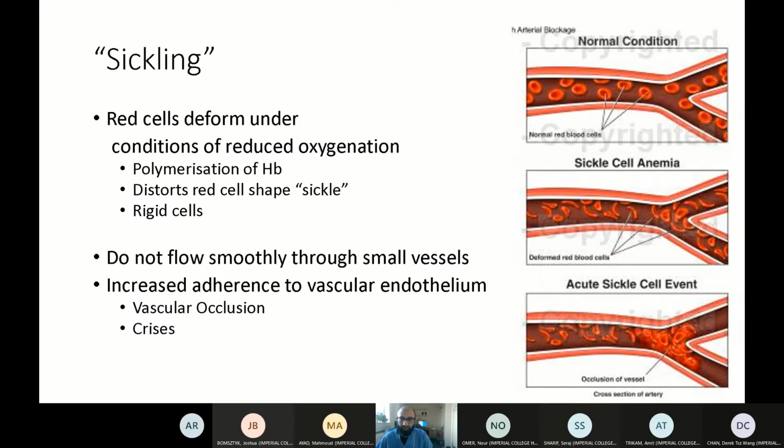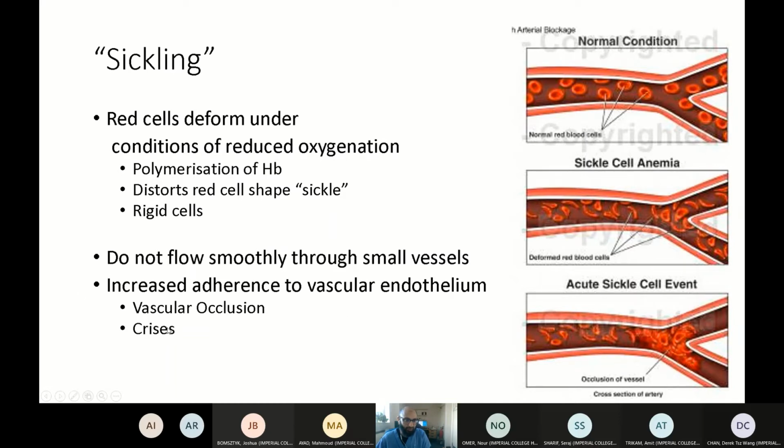These tend to be rigid and dehydrated cells, which are not easily deformable like normal red cells, and they tend to get occluded when they pass through the microvascular circulation, including the cerebral circulation, pulmonary circulation, and other microvascular blood vessels. And this leads to the manifestation of vascular occlusion and the clinical crises that we see.